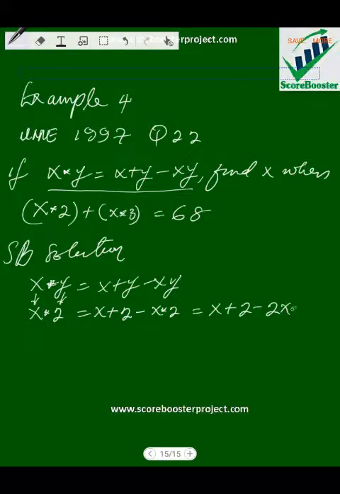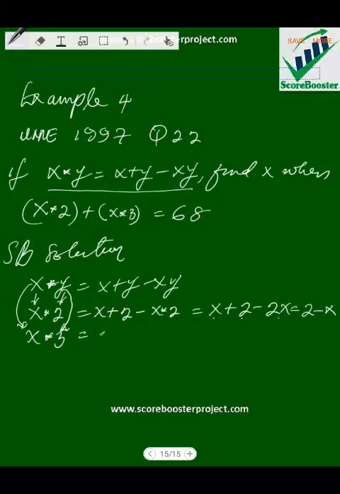and this will give me 2 minus x, right? If I collect like terms, this is 2 here, this is 2x, so x minus 2x is minus x. Then the second one, which is x star 3, see my x is still x and my y is 3.